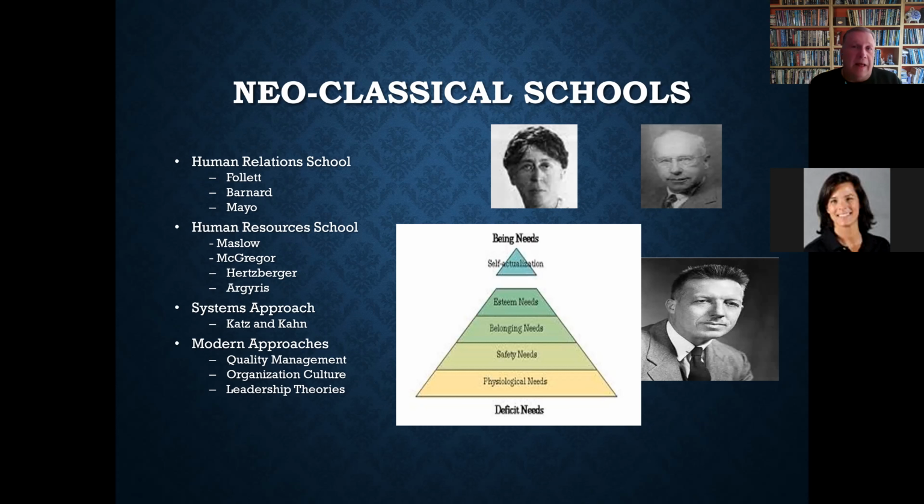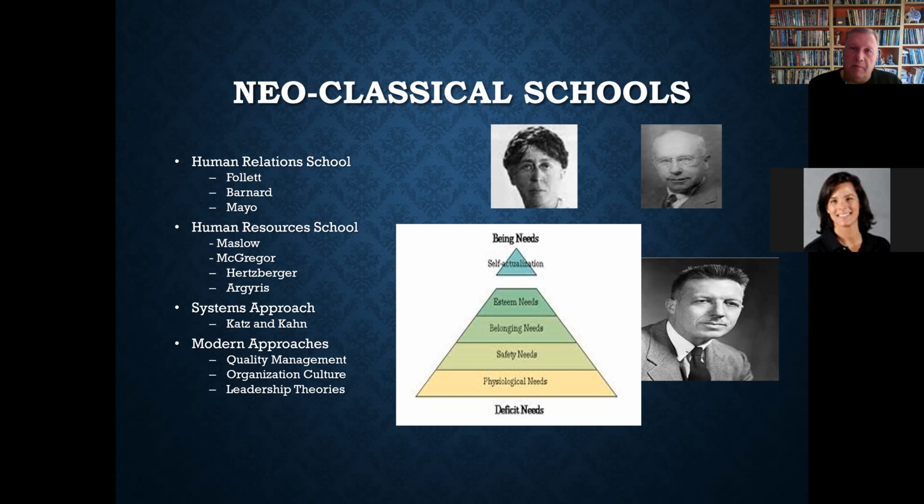So the neoclassical schools, as we like to call them, are those schools of thought that were developed to try and remedy the deficiencies in the classical school. And there are several different neoclassical schools of public organization theory.